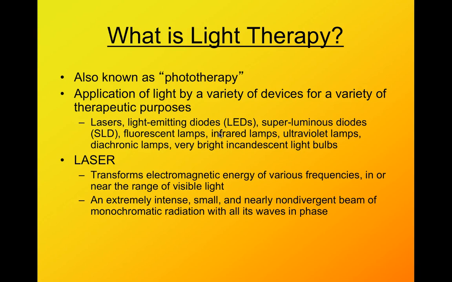So lasers are monophasic, meaning that all of the light is in the same phase, okay, as far as being kind of in line. Monochromatic, okay, which means that there's a single frequency, or if we were talking about visible light, a single color. So the frequency of all of the light coming out is all the same.